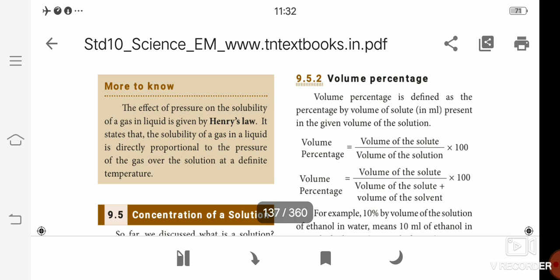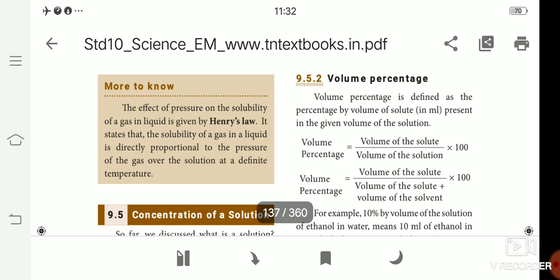The formula is the same, the only difference being mass and volume. Volume percentage is equal to volume of the solute divided by volume of the solution, where solution means solute plus solvent.